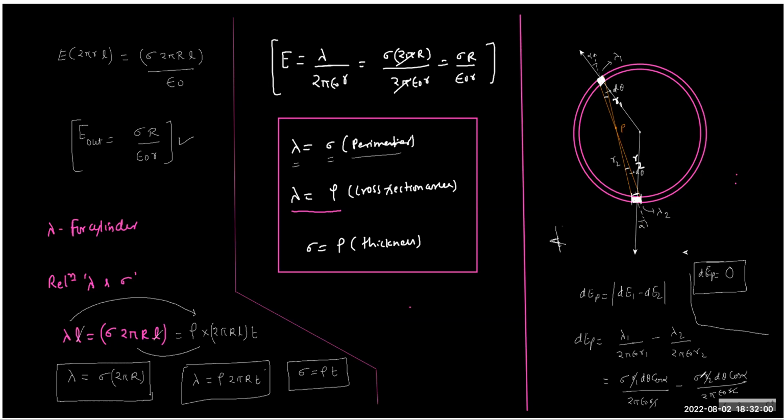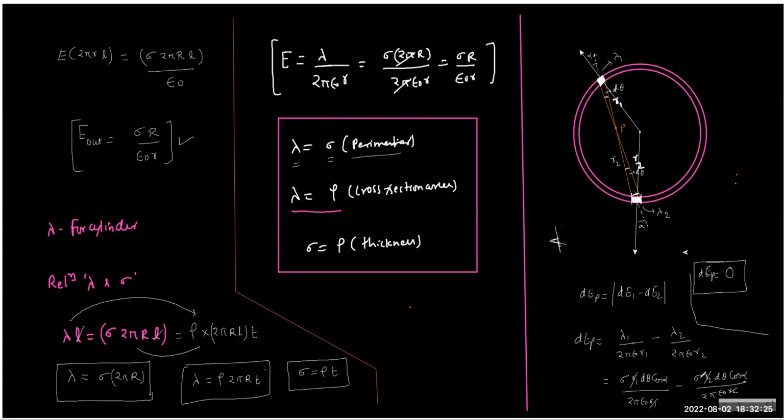But if it is non-uniform, then sigma will not be the same, no? At these two locations. So what if the sigma at these two locations changes? Will it cancel out? Tell me, guys. If we consider sigma differently at these two locations, can we say this will cancel out?